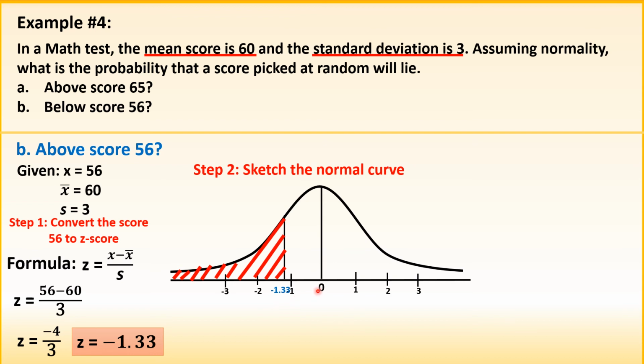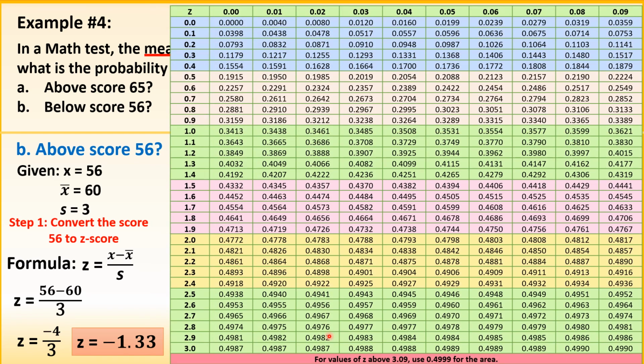So, para makuha natin ang area na to, gagamitin natin yung z-table or yung table of area under the normal curve. So, eto siya. So, hanapin muna natin ang 2 digits which is 1.3.